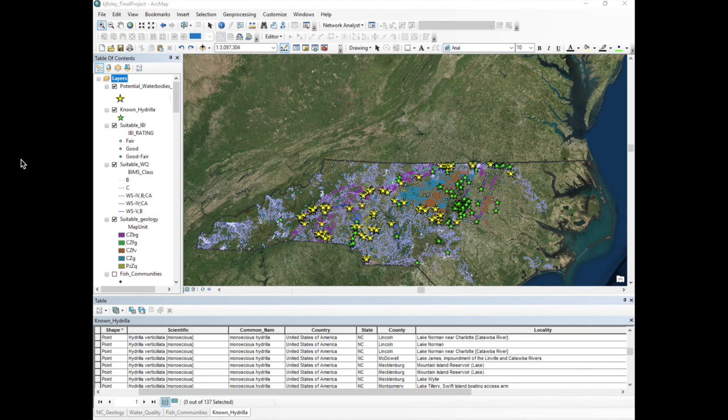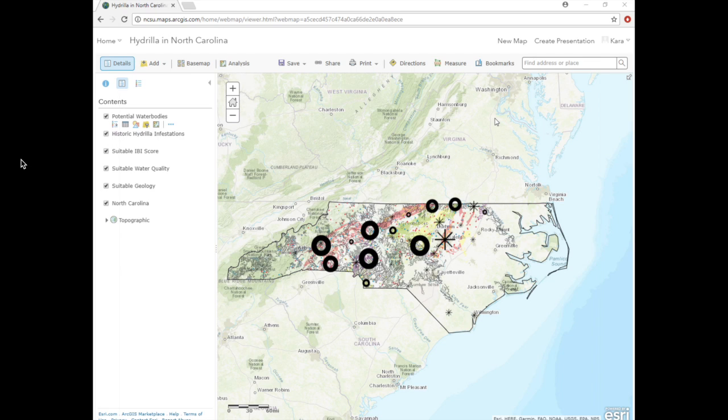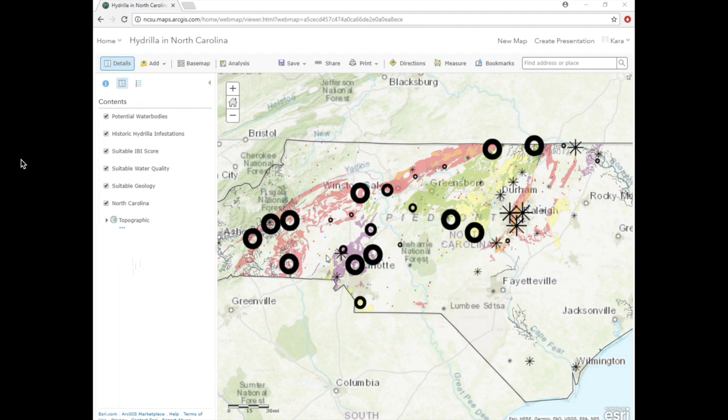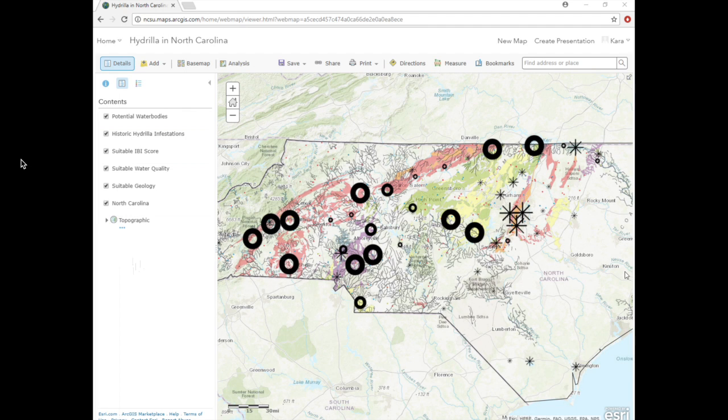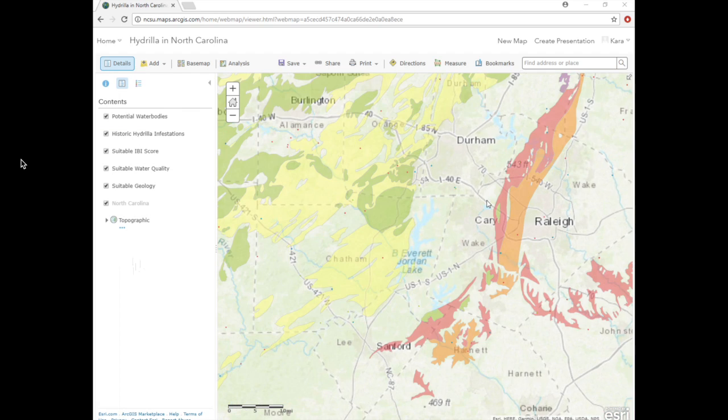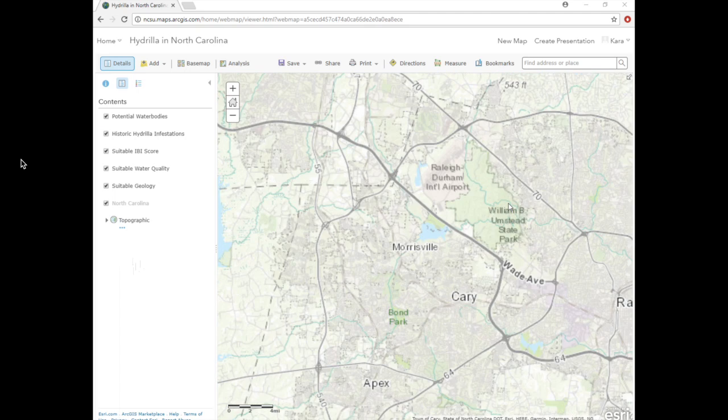So when you look at my web map here, I have the same data layers included, and I also turned on the clustering options, so when you see these symbols for potential Hydrilla infestation or historic Hydrilla infestation, when they're bigger, that means there are more in that area.